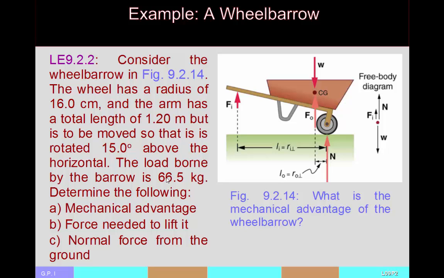So let's look at another example, and this one is with a wheelbarrow. What we're ultimately going to try to figure out is what's the mechanical advantage of the wheelbarrow, how much force do you need to lift it, and what's the normal force from the ground going to be.